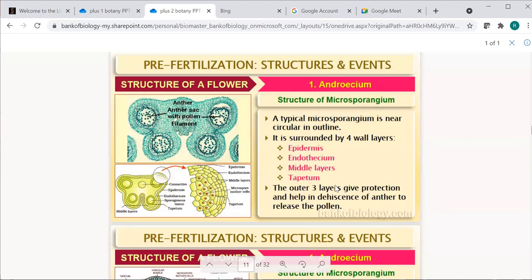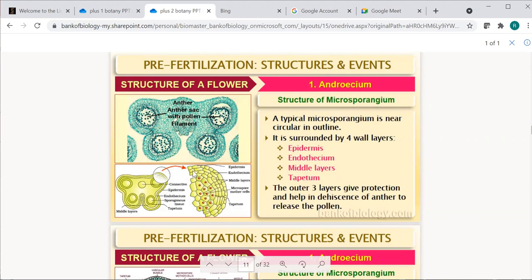And the first 3 layers, that is epidermis, endothecium, middle layers, give protection and help in dehiscence of anther. Dehiscence of anther मतलब bursting of pollens. ठीक है. फटना, when it bursts, that is called as dehiscence of anther.